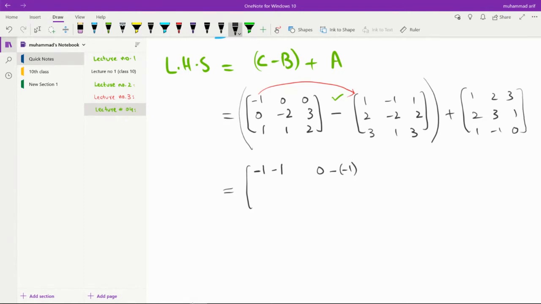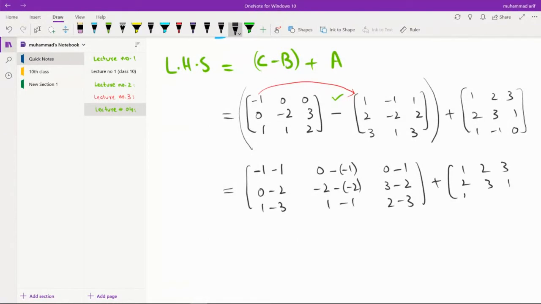Similarly, 0, negative 1, 0, negative 2, negative 2, negative into 2, 3, minus 2, 1 minus 3, 1 minus 1 and 2 minus 3. And similarly, we write 2, 3, 1, 1 minus 1, 0.